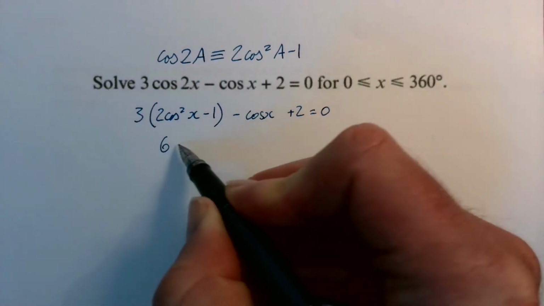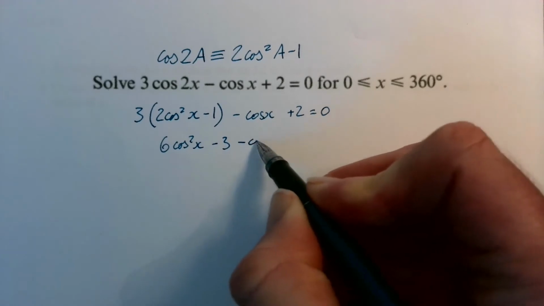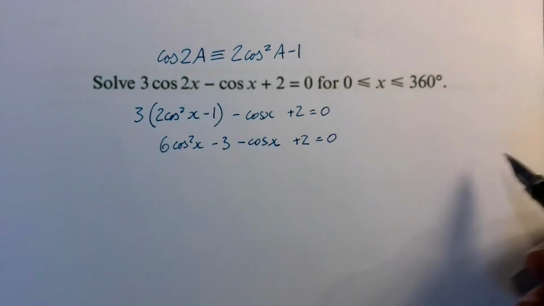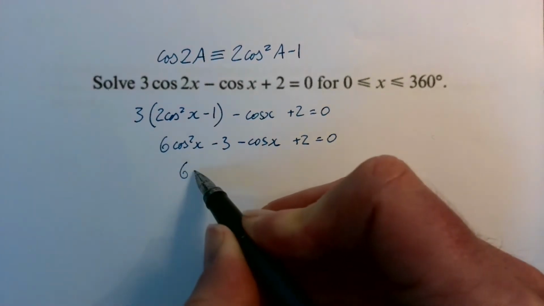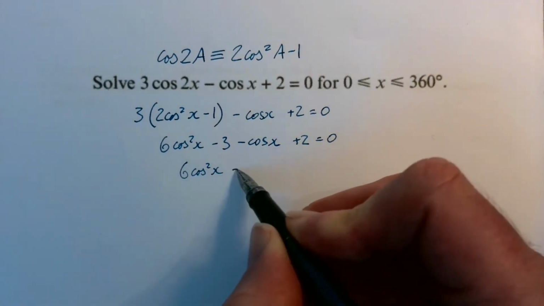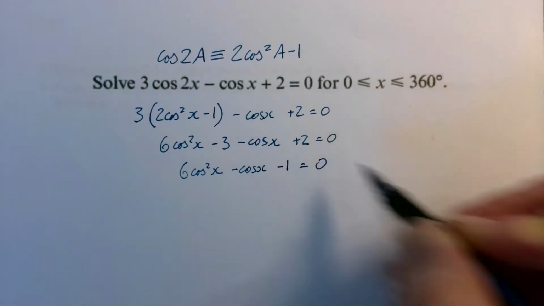Expand the bracket, gives you 6 cos squared x take 3, take cos x plus 2 equals 0. Tidy that up, gives us 6 cos squared x, take cos x take 1 equals 0.